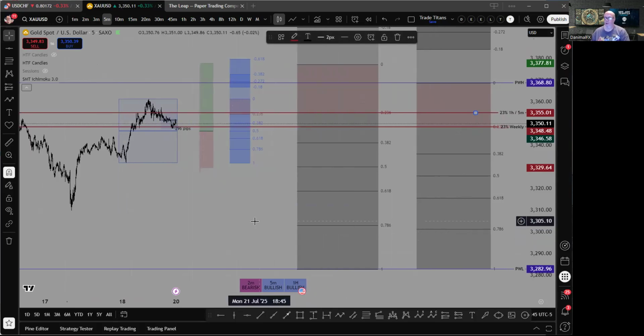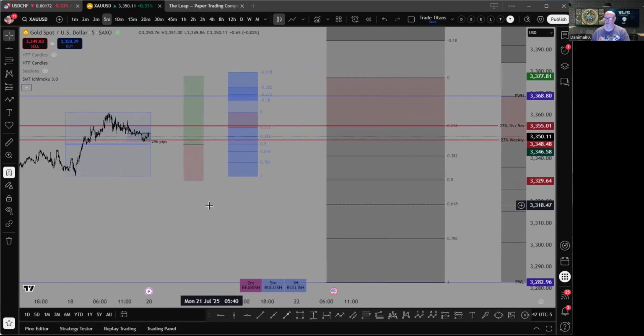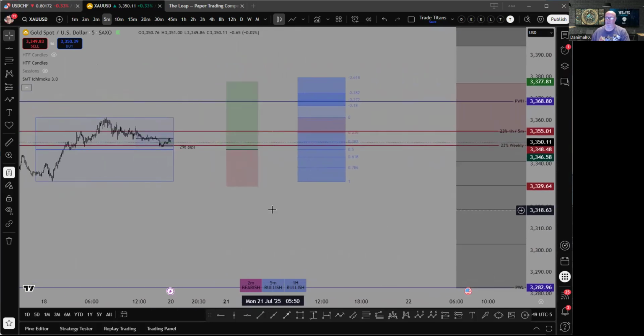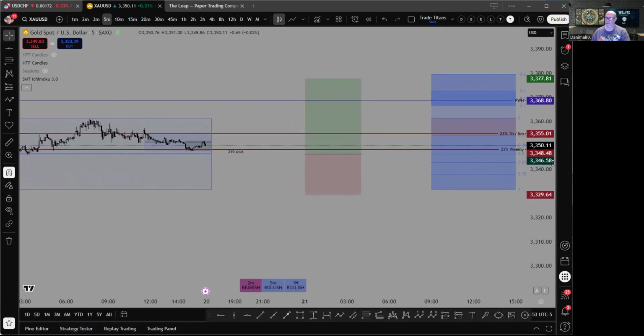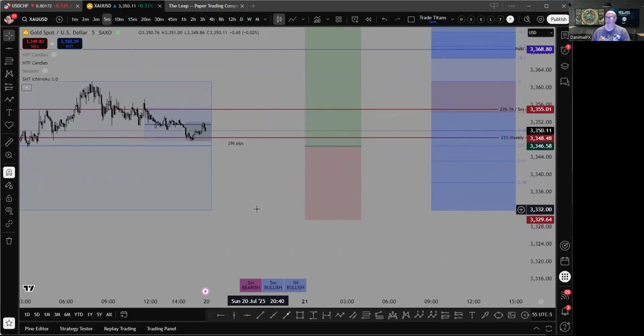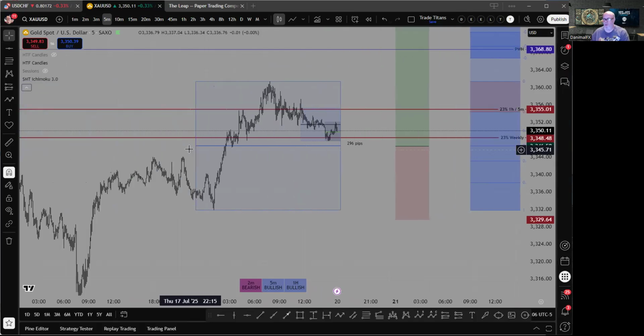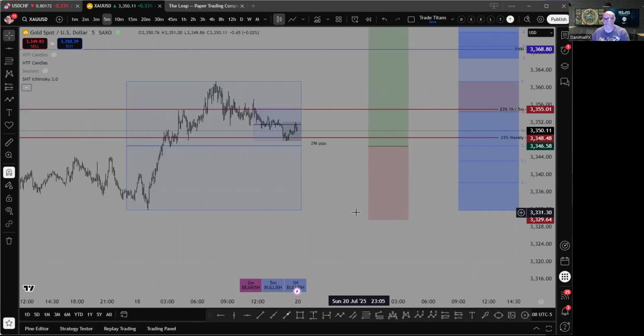So there we're stuck in between these two ranges. Which one's going to dominate? Is the 5 minute going to dominate? Because price is below the 2-3-6 on the 5 minute. However, even though it shows bullish, trust me, this is going to change.